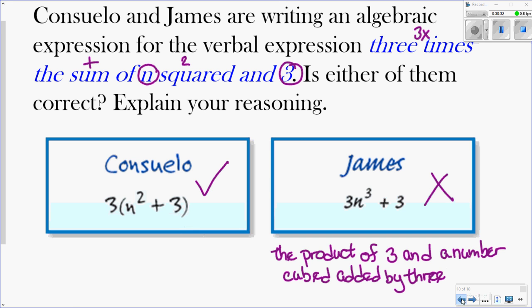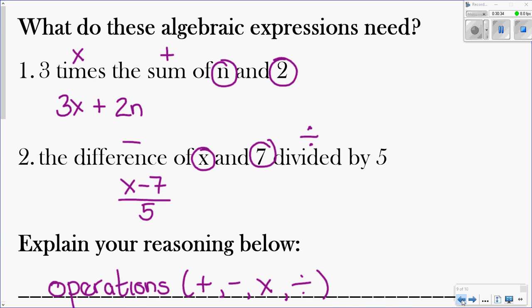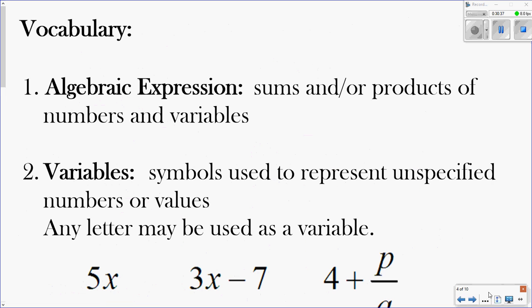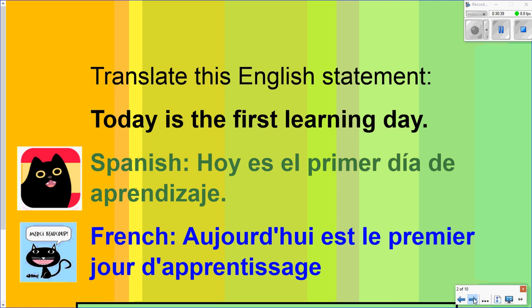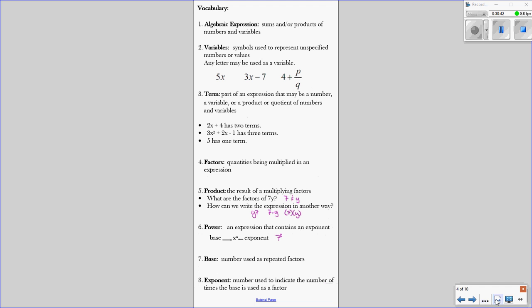Right, so we've come to the end of this lesson, and we're going to do a recap. Oops, let me go back. So we've learned all the vocabulary dealing with algebraic expressions and translating. So we learned about algebraic expression itself, variables, terms, factors, products, power, and power is composed of base and exponent.